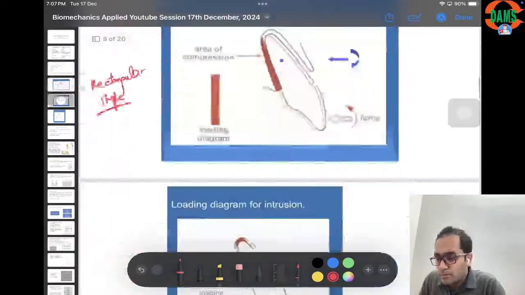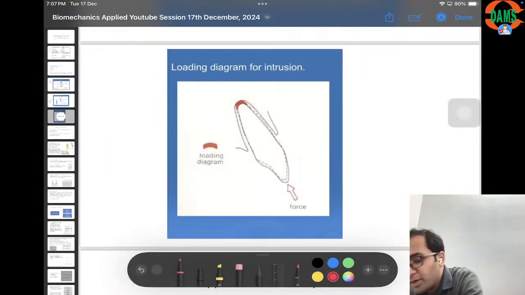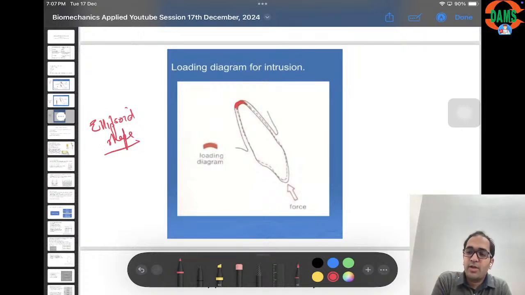Subsequently for intrusion, since the area of compression is located at the tip or the root apex, it is in the form of an ellipsoid shape. This is how further the examiner can ask in your exam.